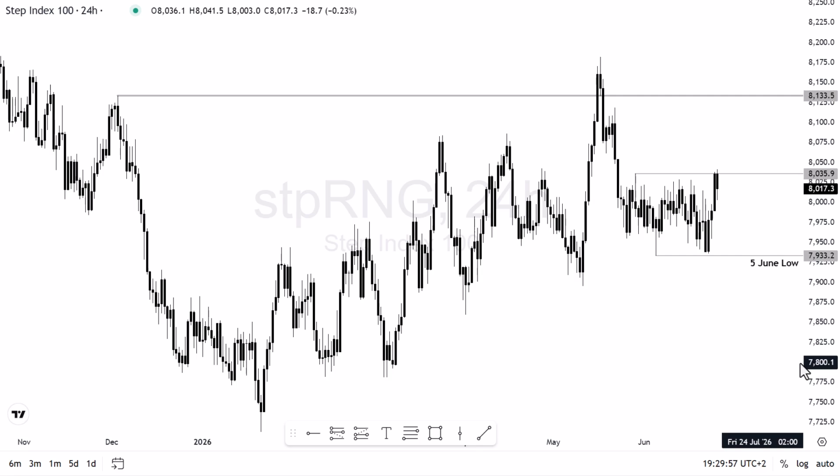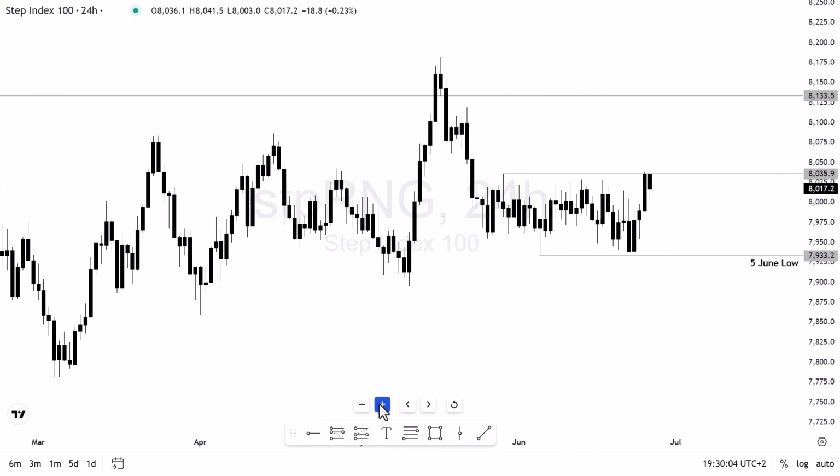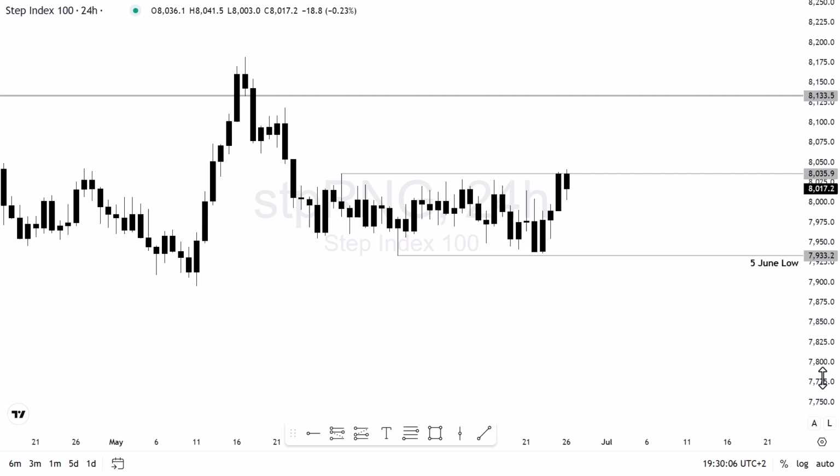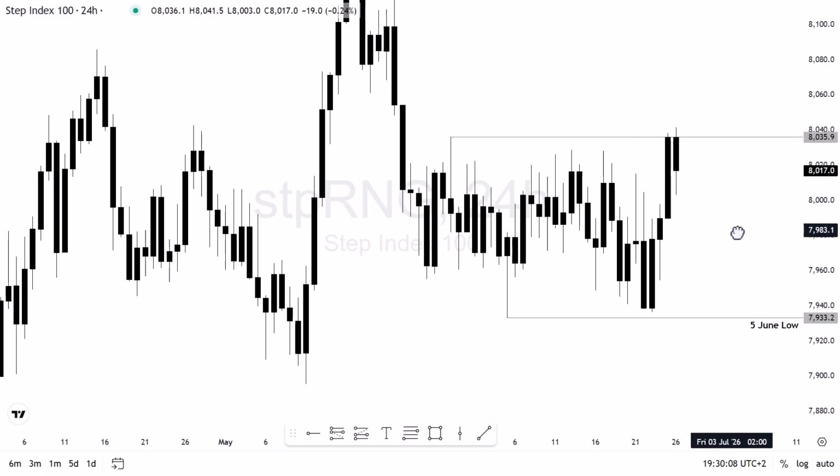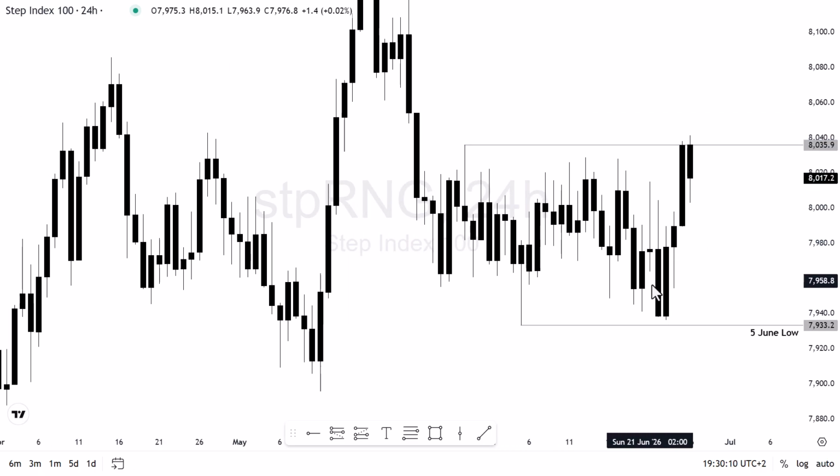I will give you a visual representation of that. Let me zoom in on this consolidation. Initially, before price action created this run up, we had this particular high, our significant swing high, which has a 3-bar candlestick pattern.